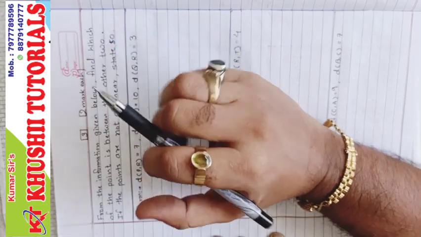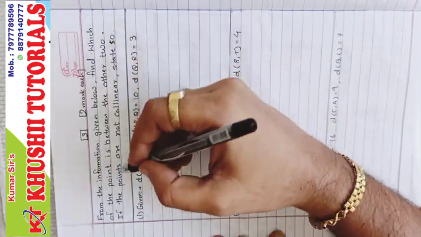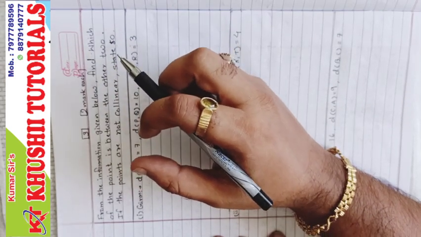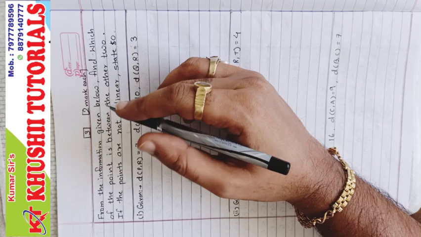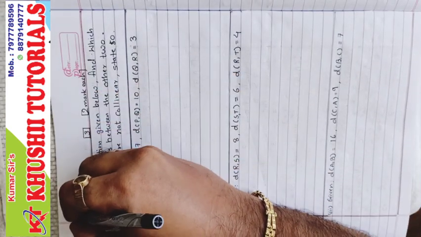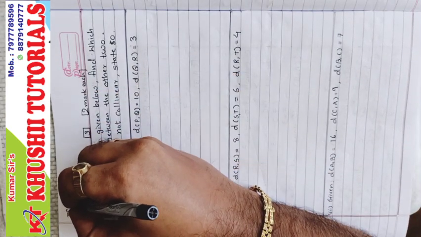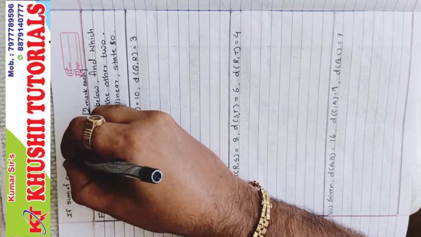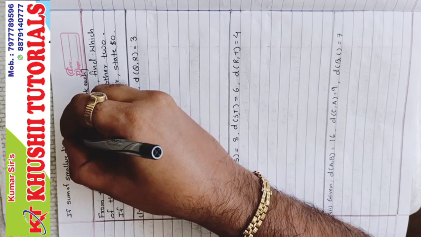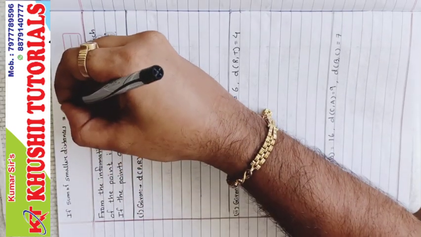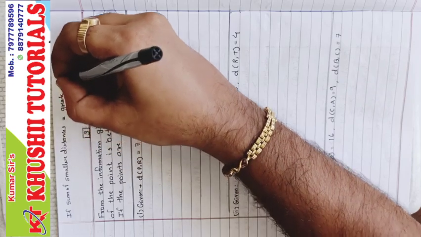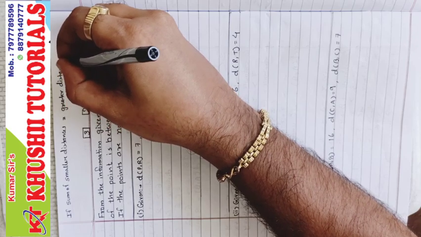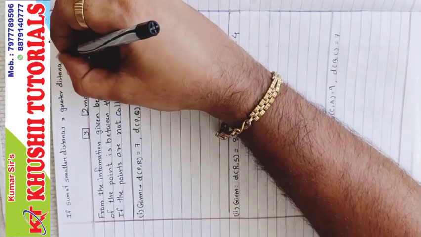The points are collinear only when the sum of the smaller distances is equal to the greater distance. If the sum of smaller distances equals the greater distance, then the points are collinear.